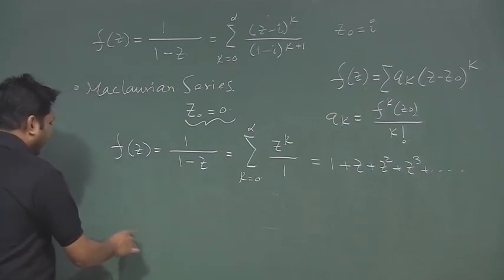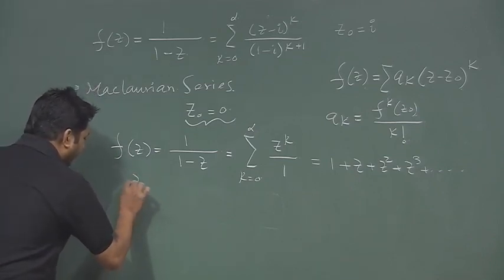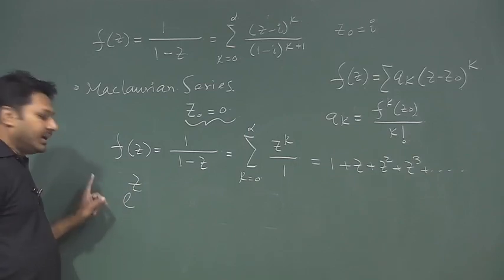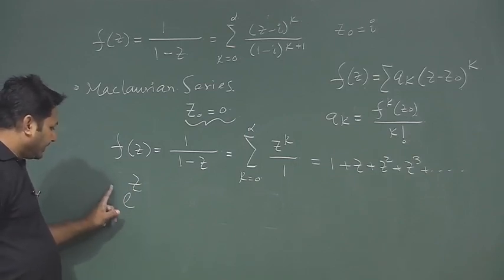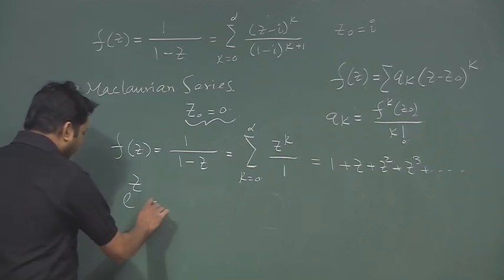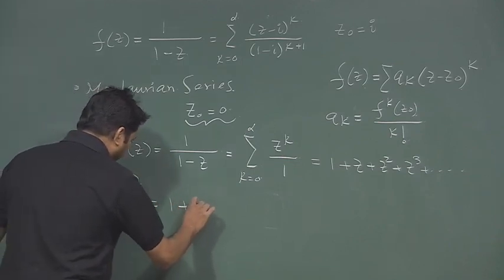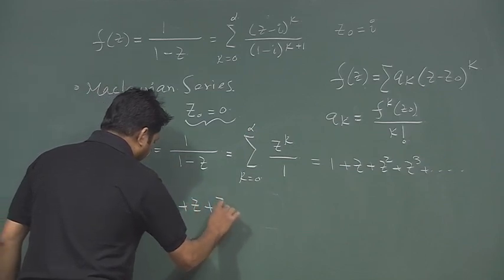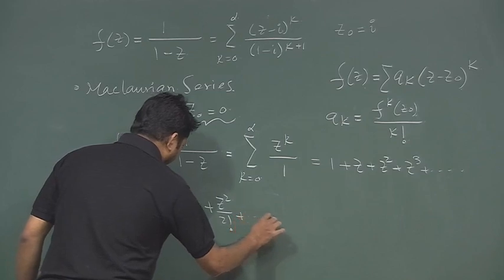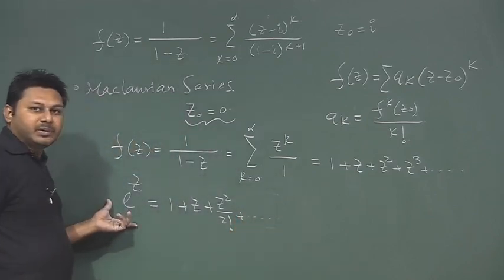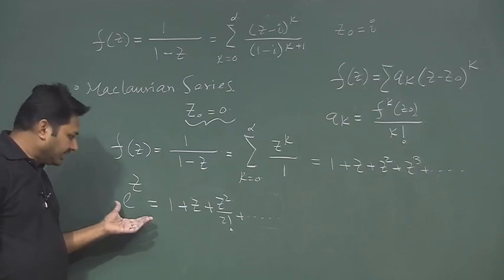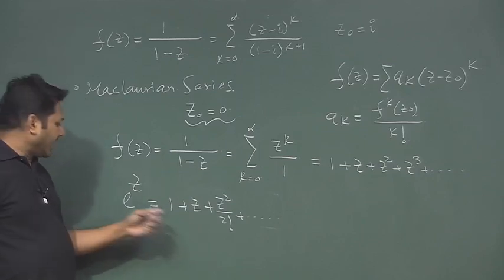In a similar way, if I take the function e to the power z and expand it in a Taylor series at z equal to 0, it will be just 1 plus z plus z squared by factorial 2 and so on. This is the expansion of e to the power z, which is nothing but the Taylor series at z equal to 0.